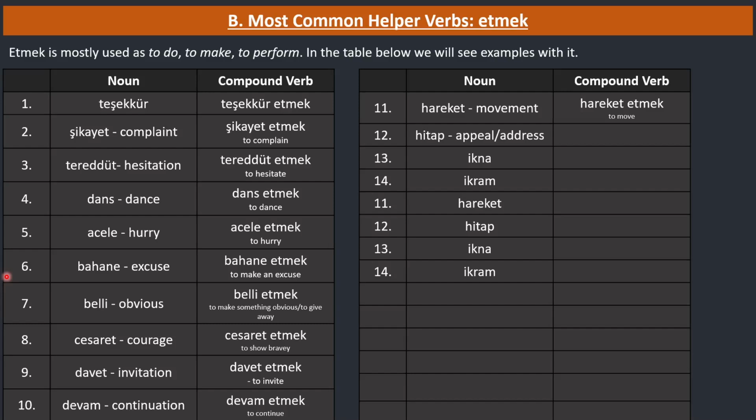Yeah, it doesn't appeal to me. Like it doesn't draw my attention. I don't like it. I mean, it also means address. That's the first meaning. We are only having first meaning examples.